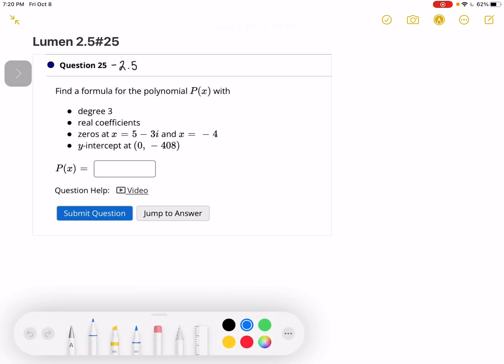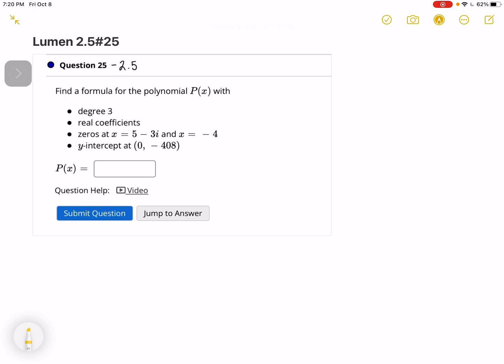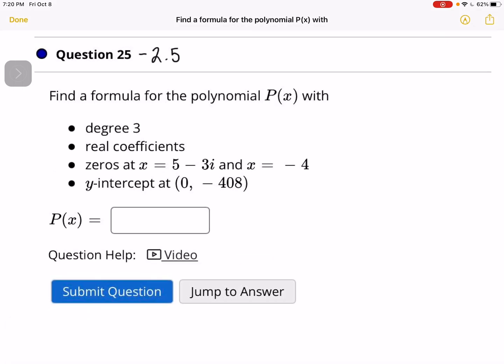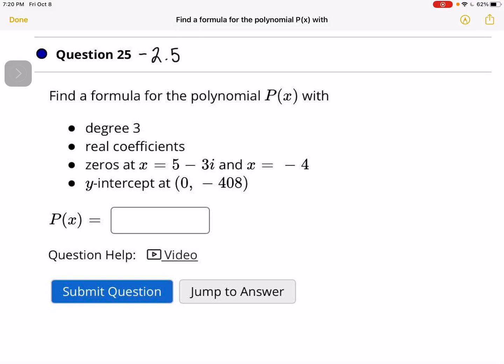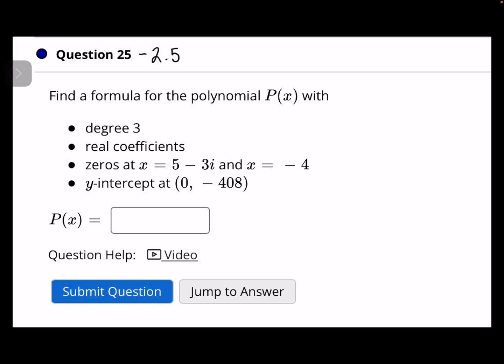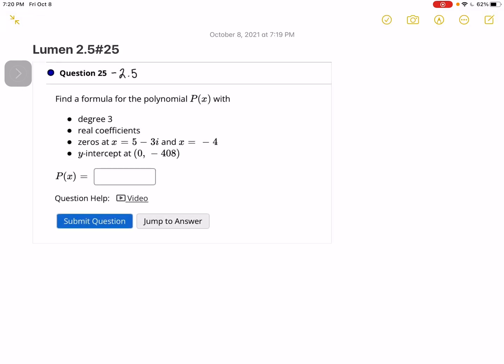So one thing I want to highlight here with my highlighter is this real coefficients here. Although it's not letting me highlight. So the fact that there are real coefficients tells us something.